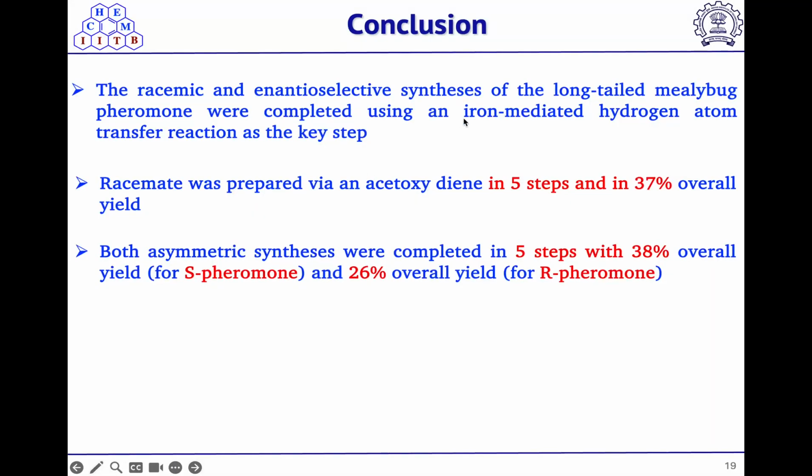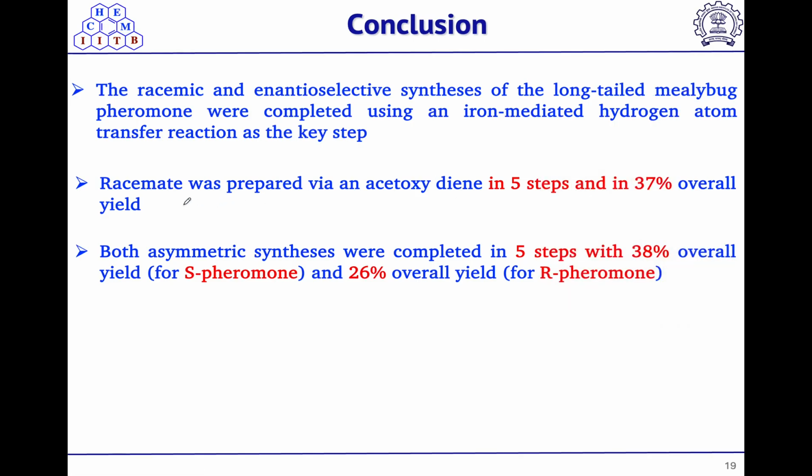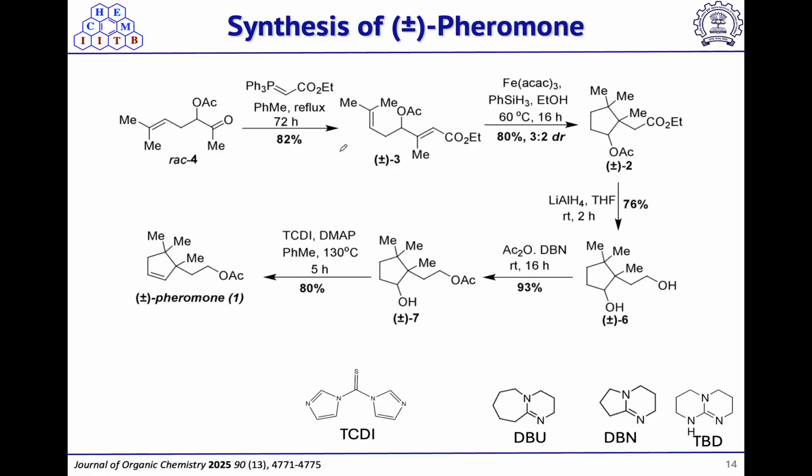The racemic and enantioselective synthesis of this long-tailed mealybug pheromone were completed using an iron-mediated hydrogen atom transfer reaction as the key step. This racemate was prepared via an acetonide in 5 steps, one, two, three, four, five, with a 37% overall yield. Quite a high yield, because as you see the steps are fewer, so the yield also improved.